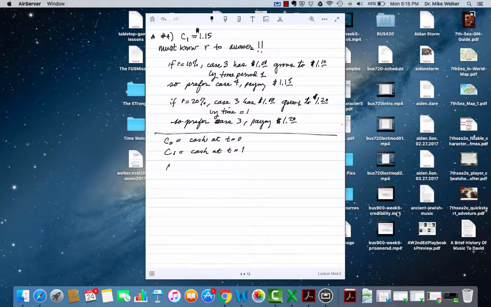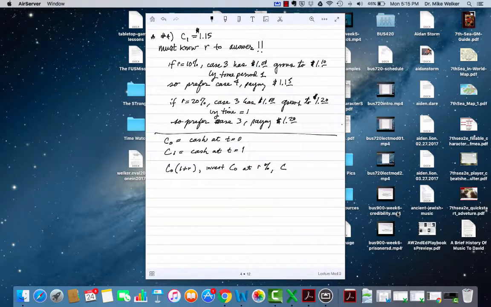We saw that C0 times 1 plus R is the result of investing. That's us investing C0 at our interest rate.